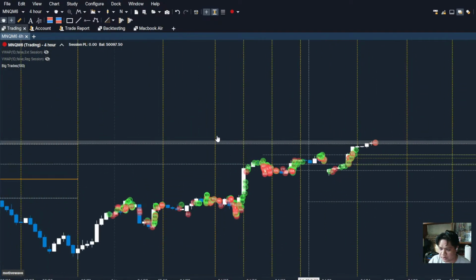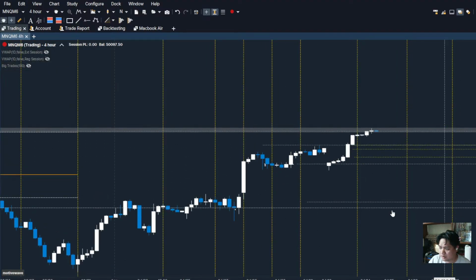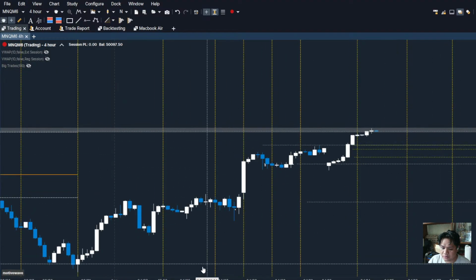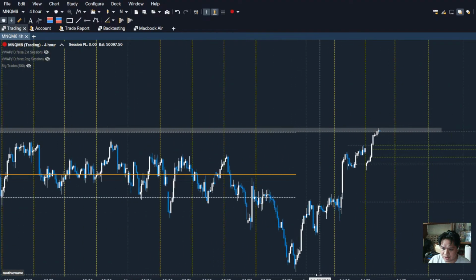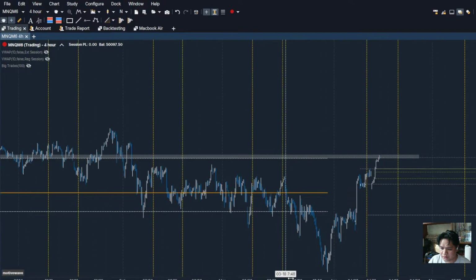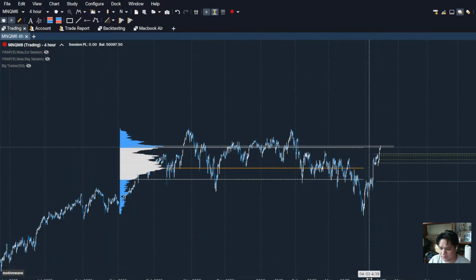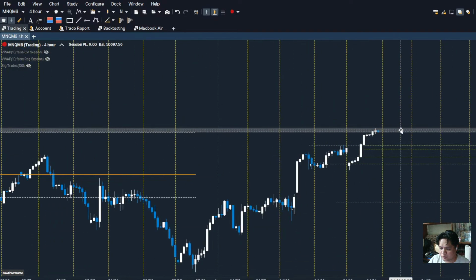As you can tell, let me remove the big trades here. We have been trending towards the upside, towards the value area high, right? Broke out, and then now we pulled back, found some support in the POC area, and then we just pulled up from there. So that is where that gray box is.